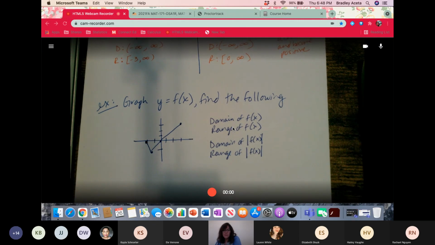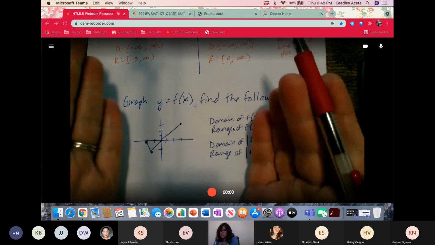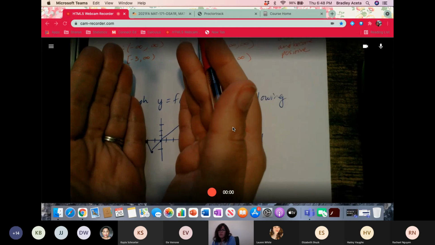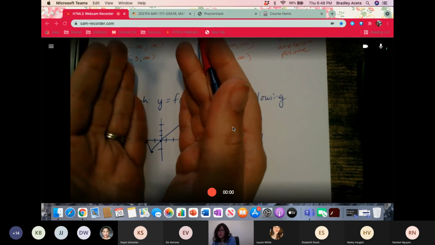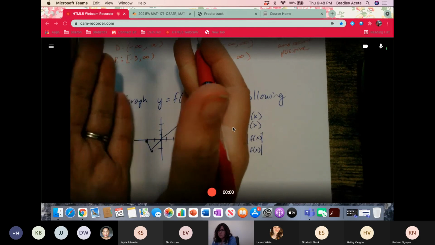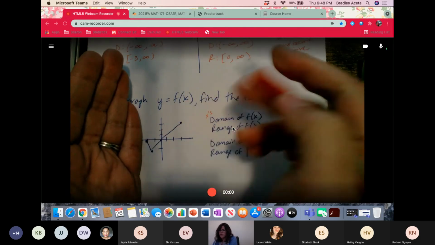So, domain, how wide is this thing getting? Now notice there's no arrows. So my picture is going from here to here. From this x point, remember domain is x's, to this x point. So from -2 to 3.